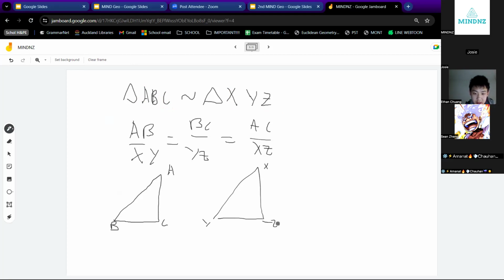Triangle ABC, side side side. Wait, no, this is just an example. This is just to understand the ratios of similar triangles. If I have ABC is similar to XYZ, then these ratios must be true.